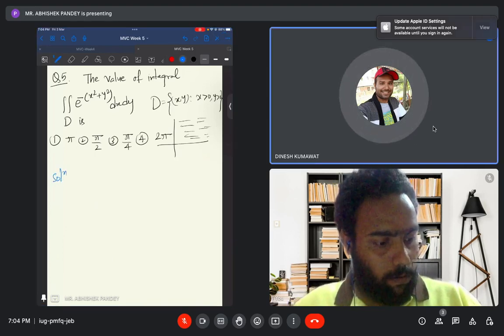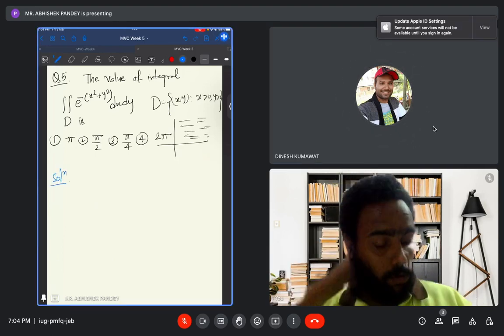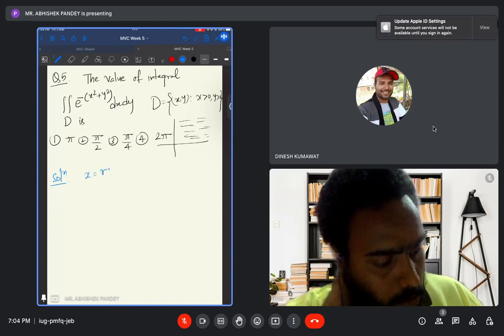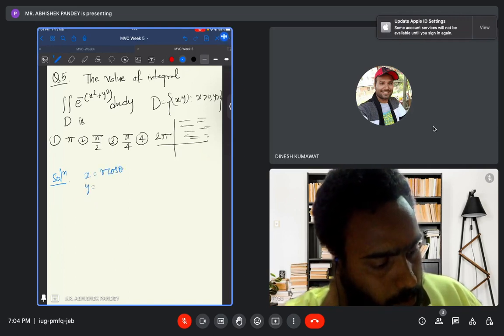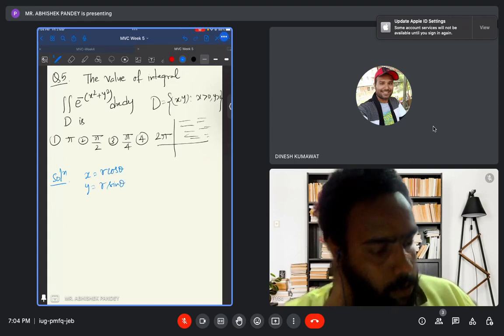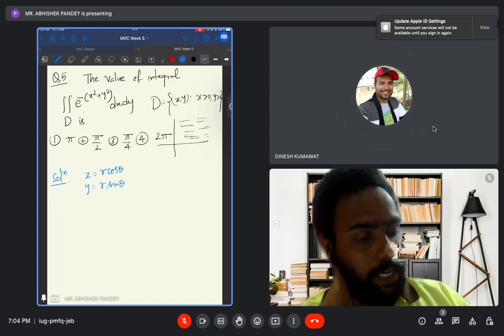Again here we have to use polar coordinates. So x equals r cos theta and y equals r sin theta, so x square plus y square is r square and dx dy equals r dr d theta.